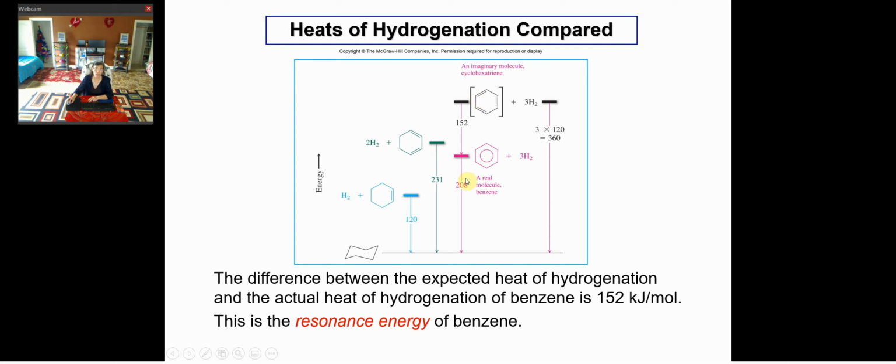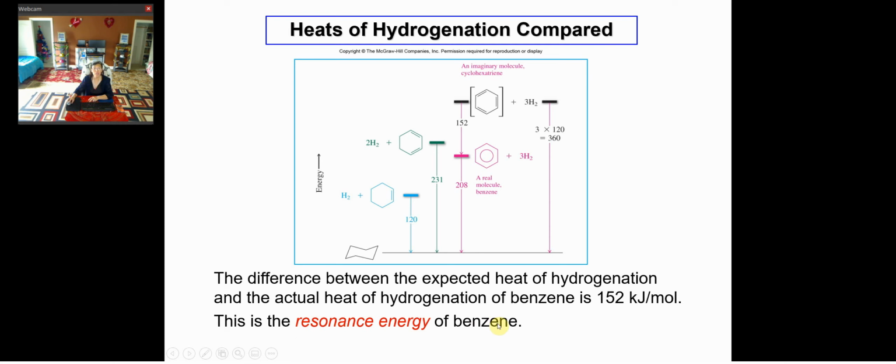So if you take a look, the real heat of hydrogenation is 208 kilojoules per mole. This 152 difference is called resonance energy. So the difference between the expected heat of hydrogenation and the actual heat of hydrogenation of benzene is 152 kilojoules per mole. This 152 kilojoules per mole is defined as the resonance energy of your benzene.